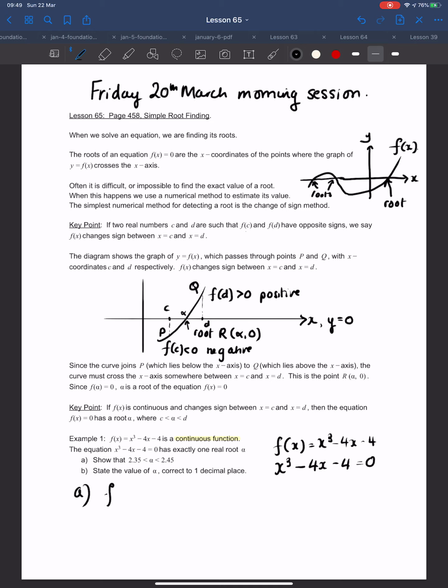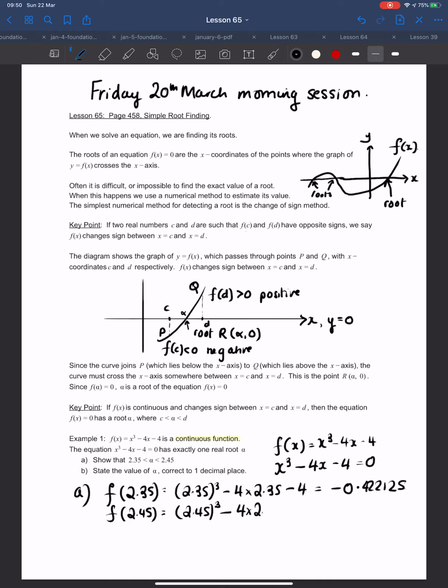For A, we look at f of 2.35 and f of 2.45. f of 2.35 is 2.35 cubed minus 4 times 2.35 minus 4, and on my calculator, I've got that as minus 0.422125. f of 2.45 is 2.45 cubed minus 4 times 2.45 minus 4, and I've got that one as 0.906125.